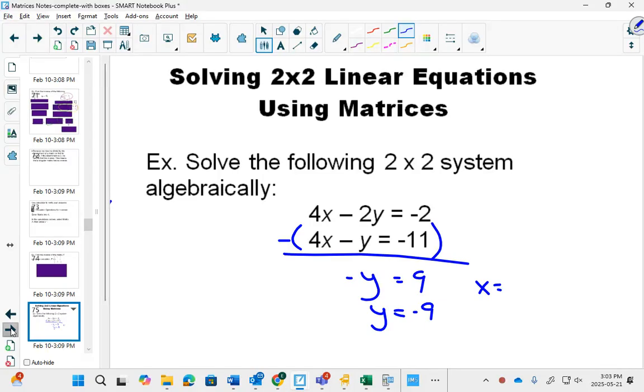If y is equal to negative 9, then x would be, move this over to 1/2. Does it work? No. Something went wrong. What did I do wrong? Oh, negative 1/2.